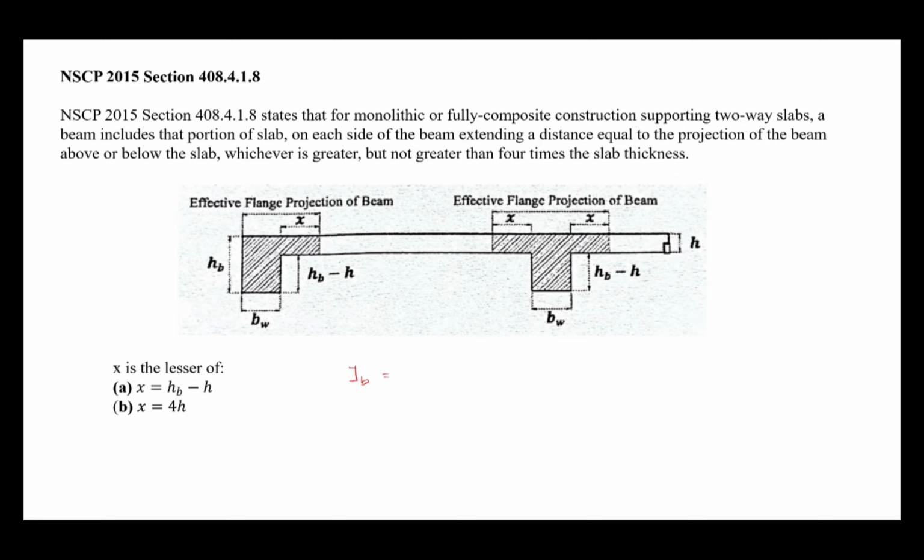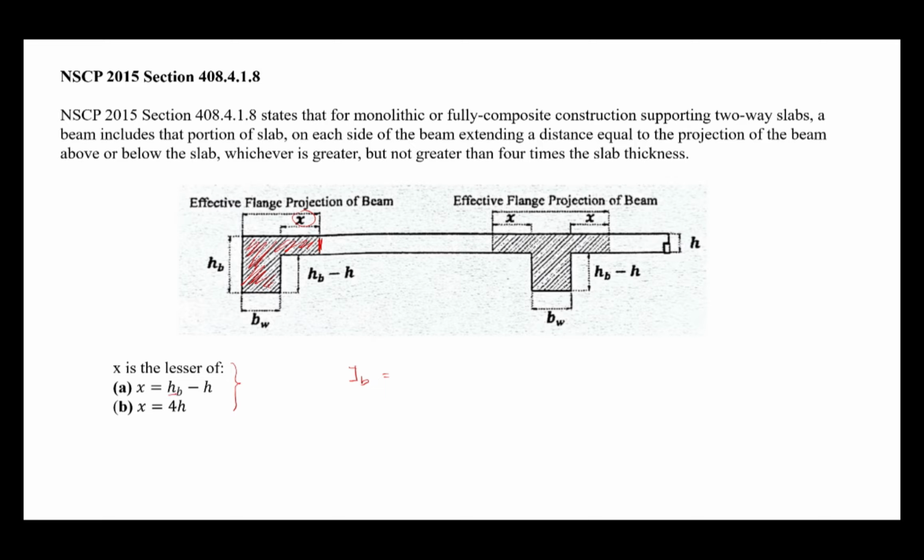of the beam will be based on this shaded cross-section, from which we see the inclusion of a certain width x, and of course a certain height, the height of the slab, which is h, and x will be the lesser of these two values, hb minus h.